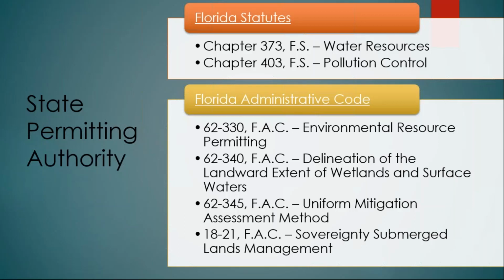And then I also tossed in 18-21 of the Florida Administrative Code for sovereignty submerged lands management. But these are just some of the ones that the DEP or the Water Management District have authority over. And I also want to note that as a part of the environmental resource permitting process, there is coordination with the Florida Wildlife Conservation Commission and then even the State Historic Preservation Officer as needed.